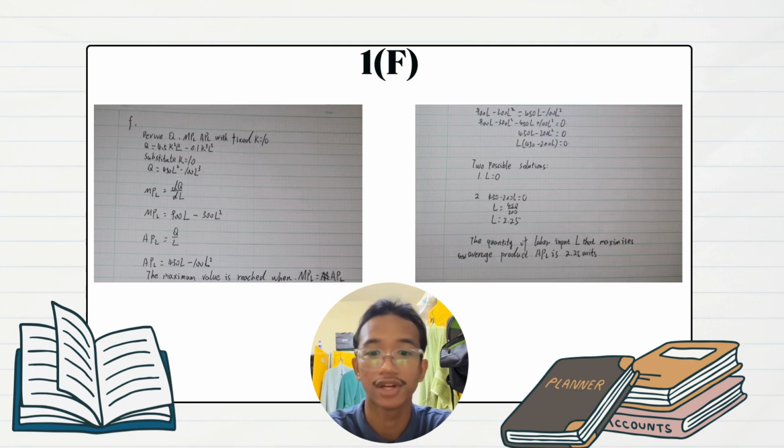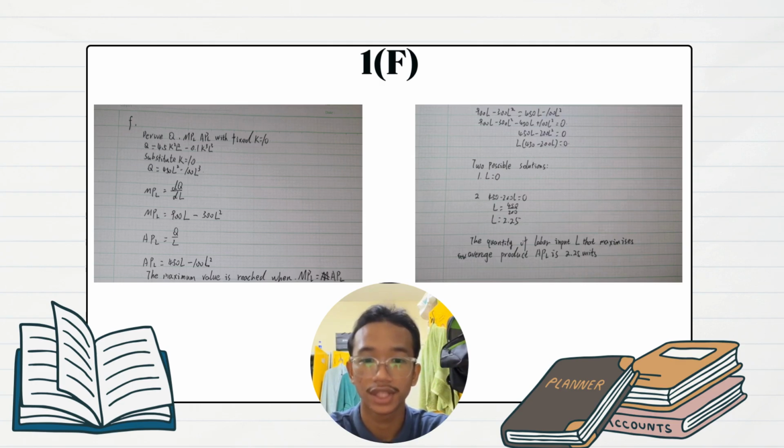To maximize any function in economics, we need to apply differentiation. We take the first derivative of APL with respect to L, and then we set it to 0. Let's differentiate 450L minus 100L squared. The derivative of 450L is 450.